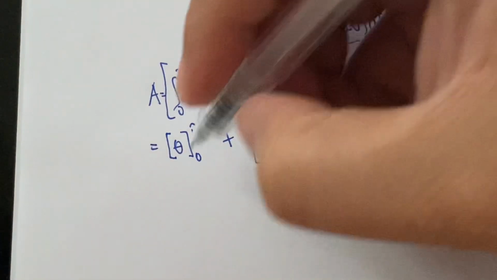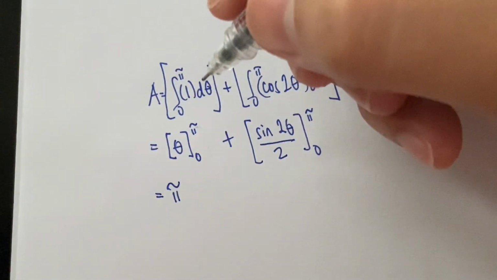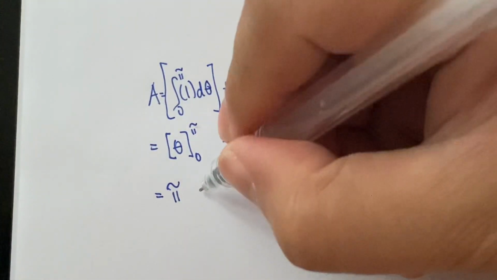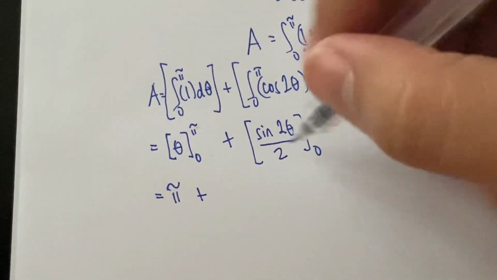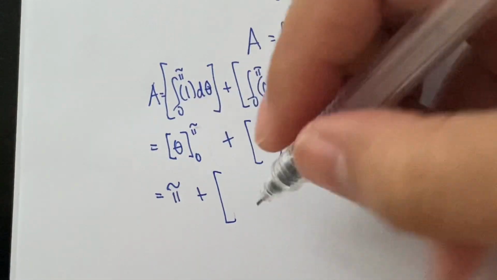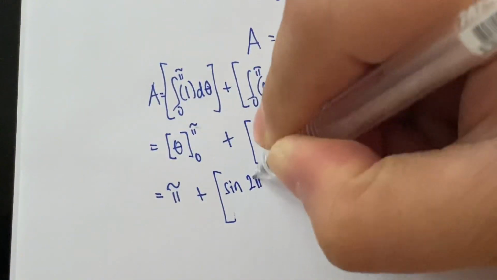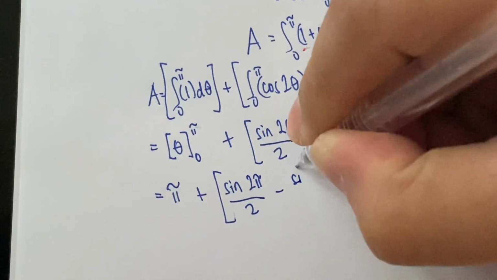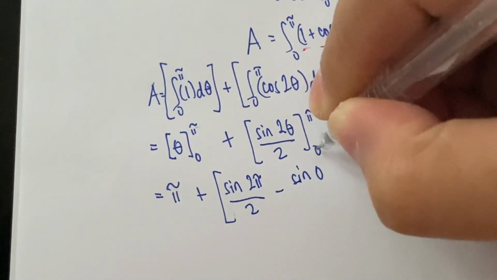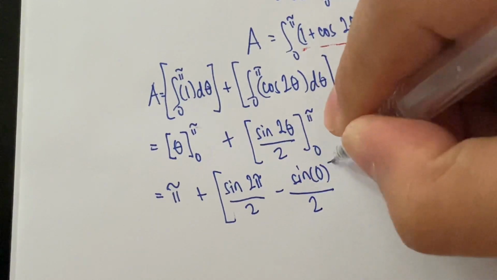Since we are with respect to d theta, this theta here will clearly become simply pi, and plus this becomes here. If you want it step by step, I'm just going to put that in a big bracket: sine 2 theta over 2 minus sine 0, that's 0 because that's our lower limit, over 2.